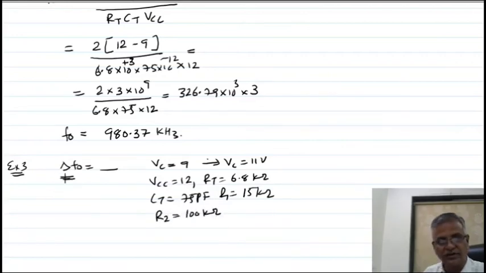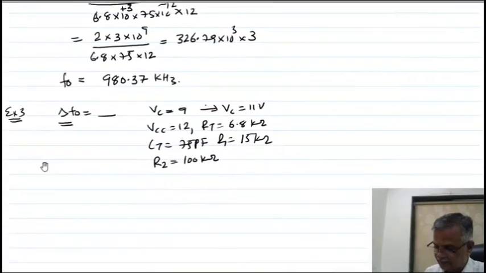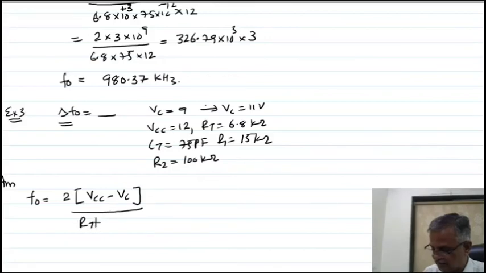Find the value of delta FO. So I am writing like this. Answer, FO is equal to 2 into VCC minus VC upon RT CT VCC.